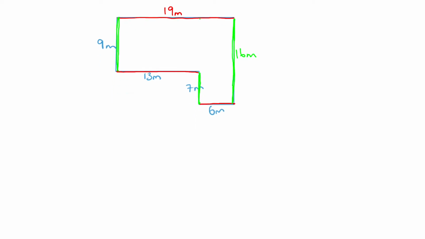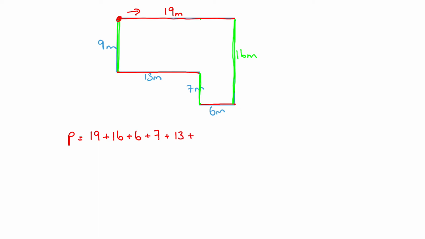Okay, so when we do our perimeter, adding up now, we'll start here, we'll go that way. So we've got 19, 16, 6, 7, 13 and 9. Okay, there's another way of working this out, because remember, we know that that one is the same as that one, add that one.